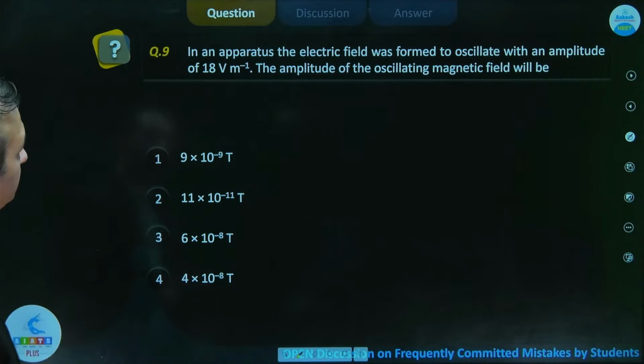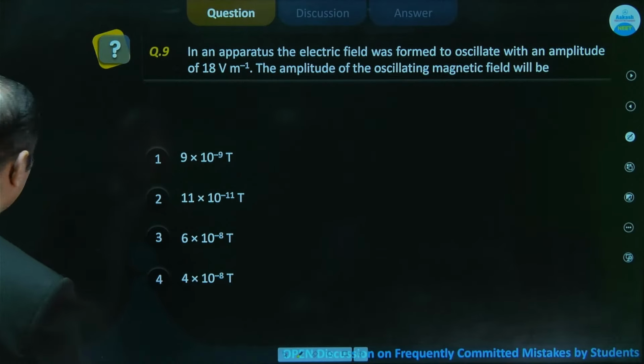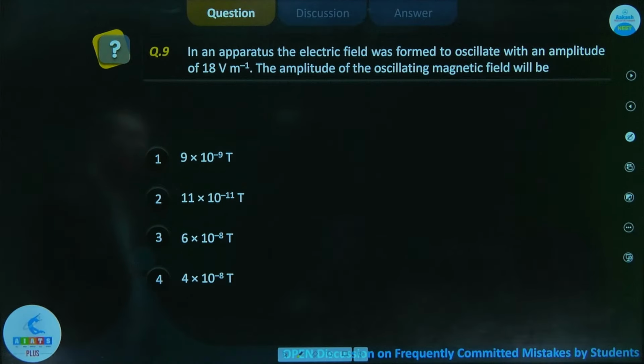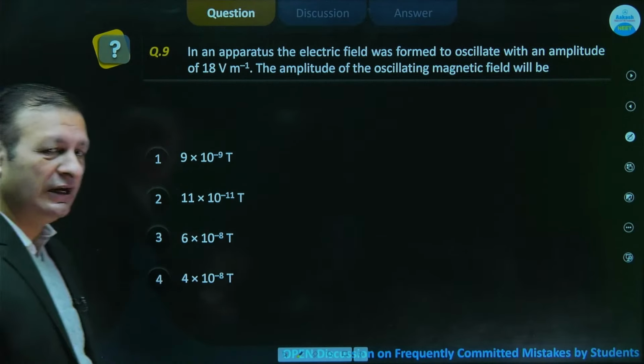Now, in an apparatus, the electric field was formed to oscillate with an amplitude of 18 volt per meter. Find the amplitude of the oscillating magnetic field. Can you correlate?